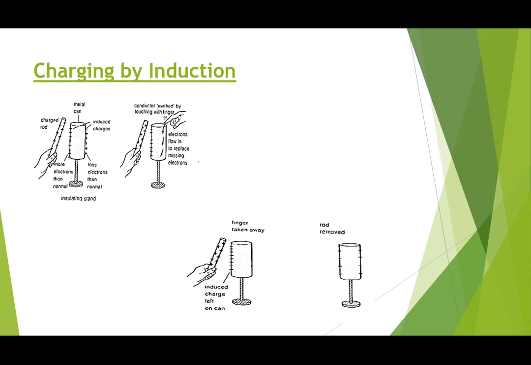So the only charge remaining in that metal can will be negative. We keep the rod near to the can while earthing it. After that, we remove the earth connection, then we remove the rod, so that the electrons which have built up on one side will be distributed throughout the can, and the can becomes negatively charged.